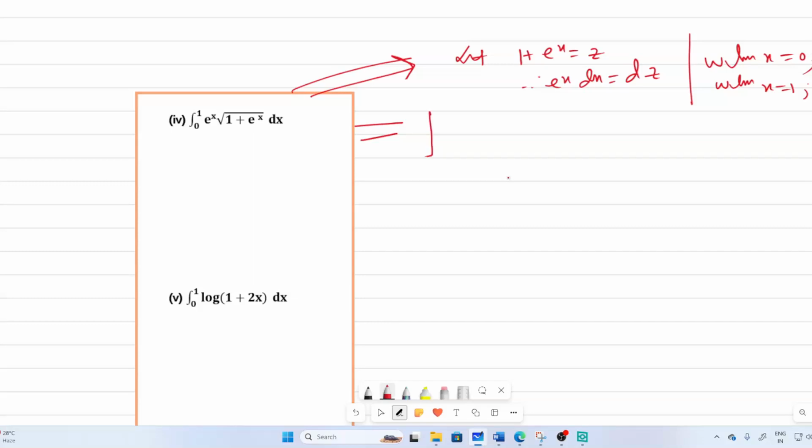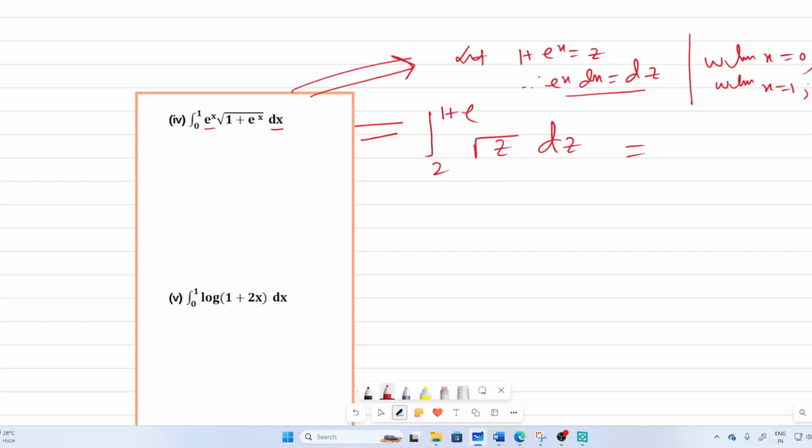This is going to be what? 2 to 1 plus e, because z is 2 for x equal to 0. e to the power x dx is dz, so this part will be replaced by dz. It is root z dz. Alright.